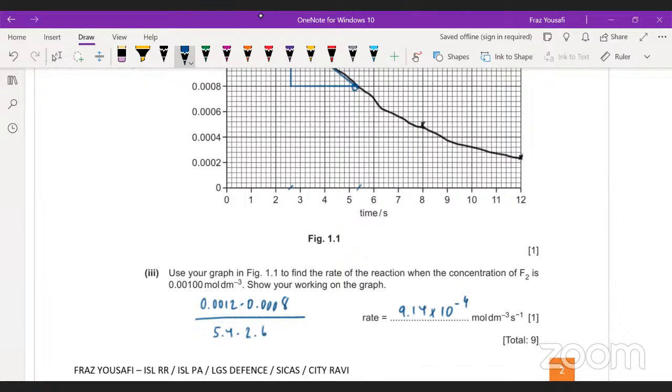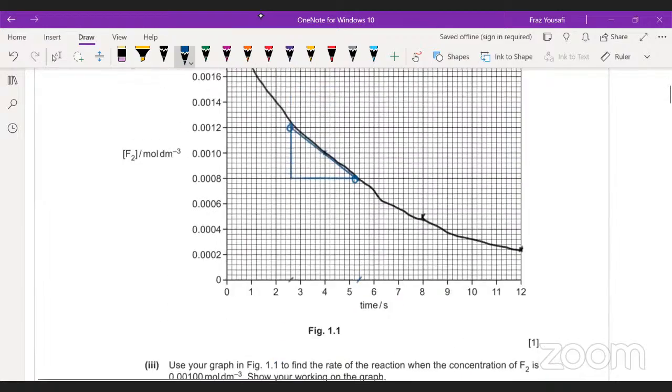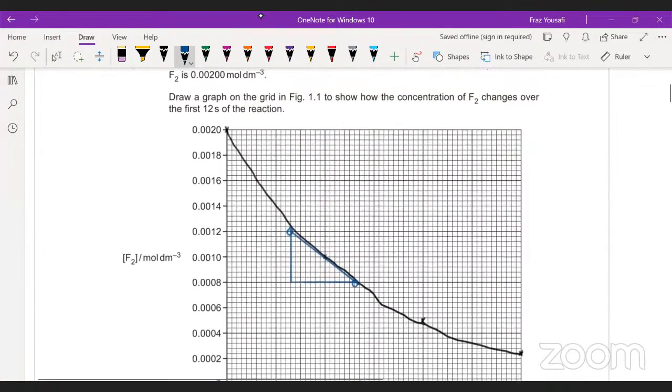rate. Now, in the mark scheme, what it's done is it's told you that the rate can be anywhere within a range, with the tangent drawn at 0.001, done.